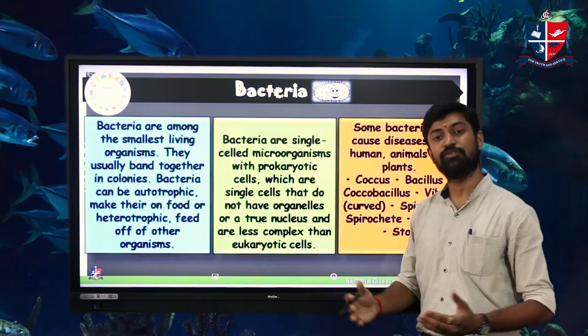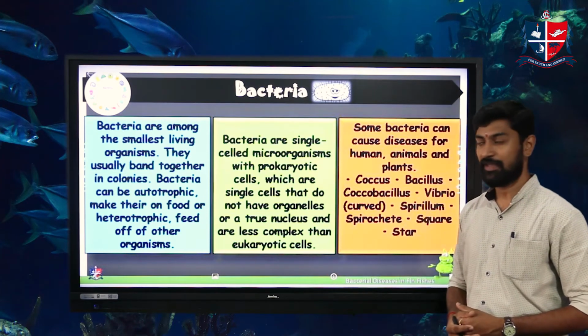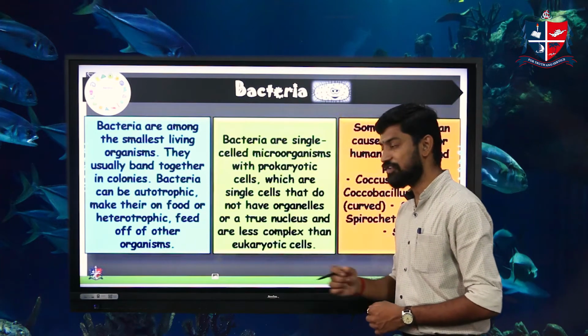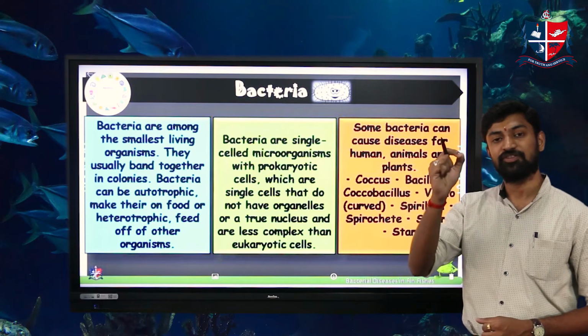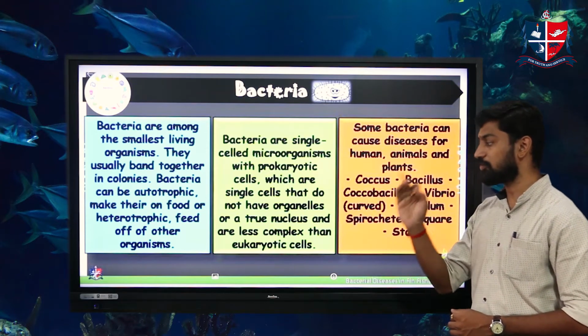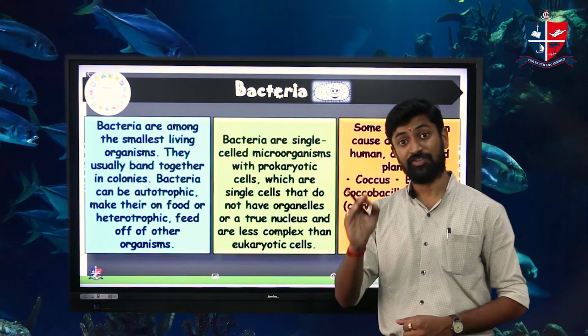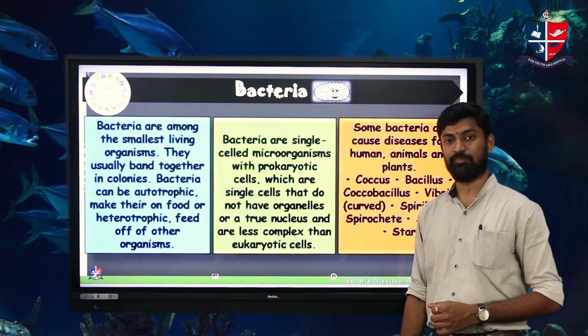They prepare their own food and they feed on other organisms. Bacteria are single-celled microorganisms with a prokaryotic cell. They do not have organelles or a true nucleus, and are less complex than eukaryotic cells.